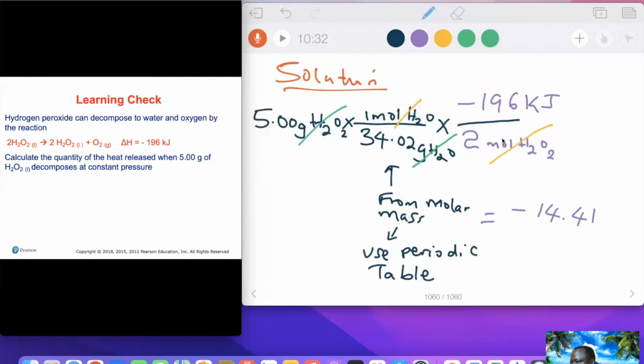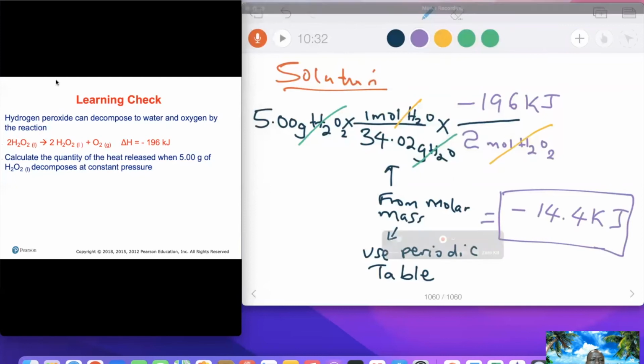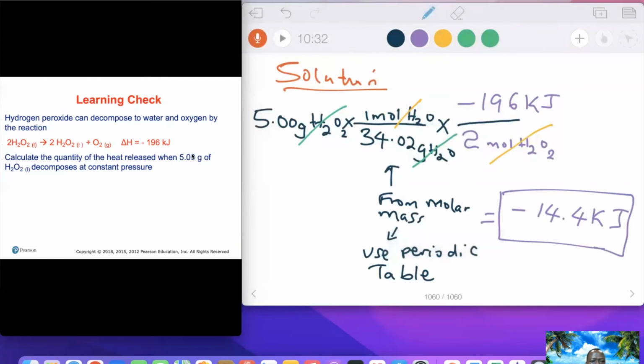negative 14.4 kilojoules. Express your answer to three significant figures. Why not 5.0? Why not 5? Because we have three significant figures in 5.00 grams.